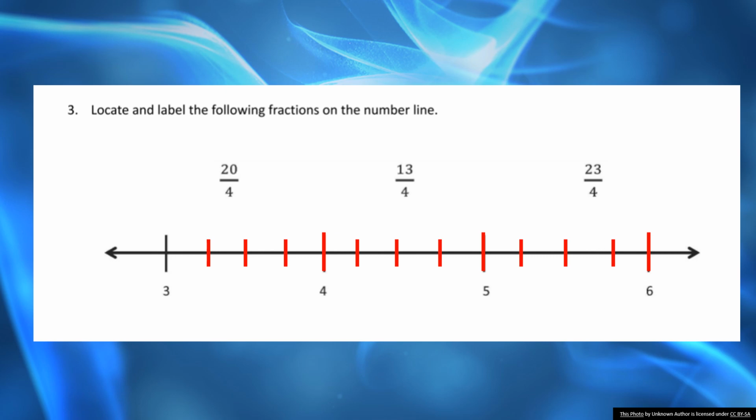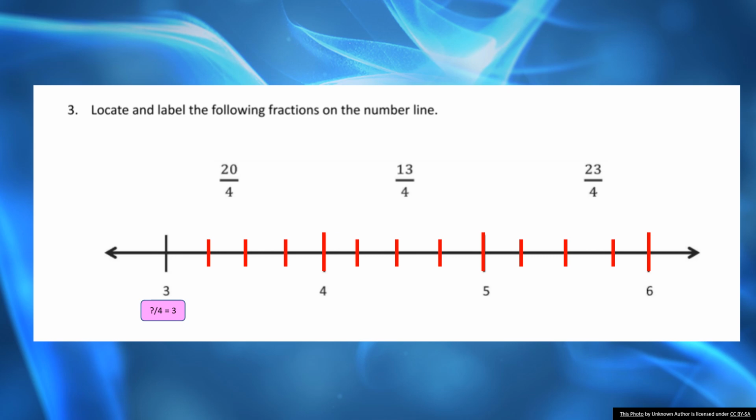Now that we've partitioned our number line correctly into fourths, we need to figure out what fraction we should begin our number line with. Now, we're counting by fourths, and it starts with the whole number 3. So the question we need to ask ourselves is, what number can you divide by fourths that will equal 3?